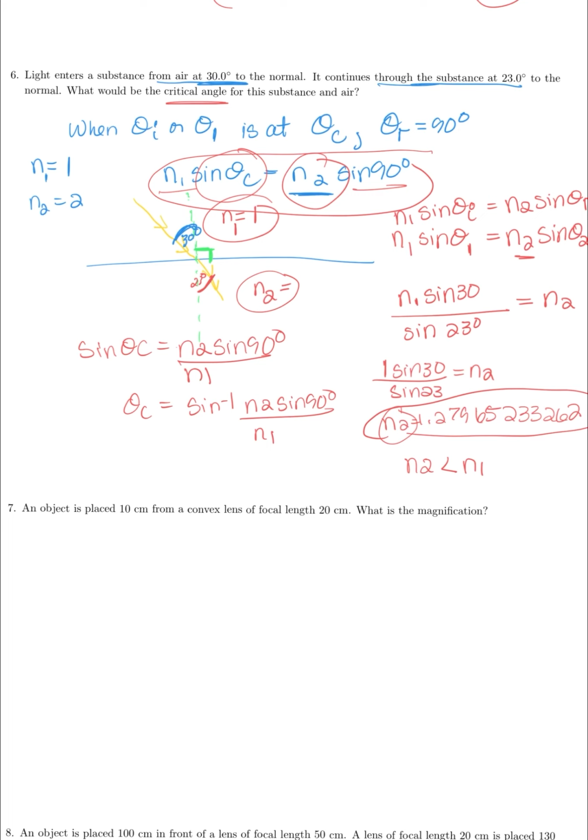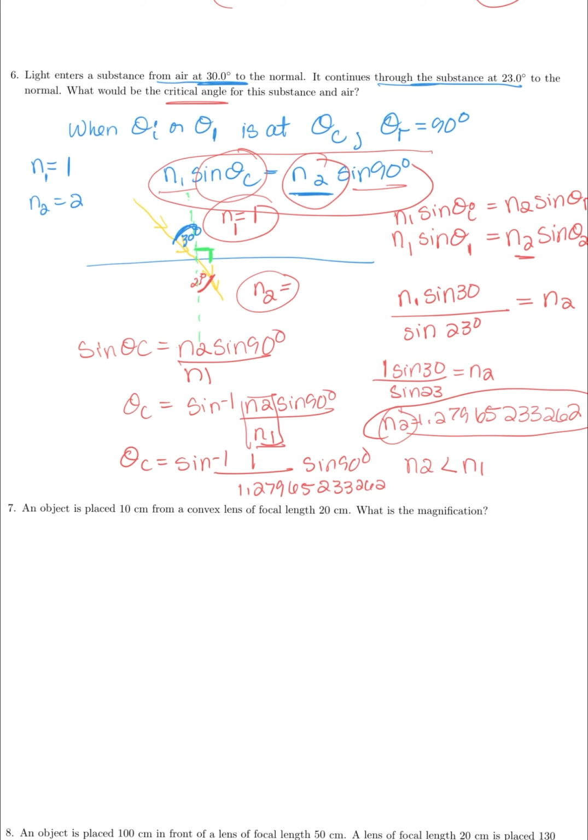So you have to set it up like this: 1 over the 1.279. And then sine of 90 is just out here as a multiplier. So it's really N2 over N1 sine of 90, but we had to switch it because N2 must be less than N1.